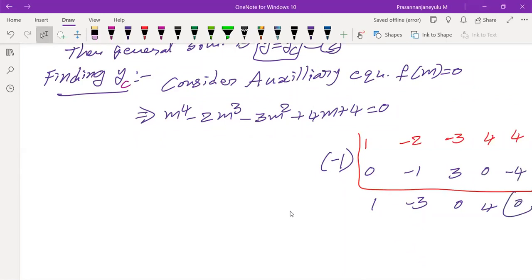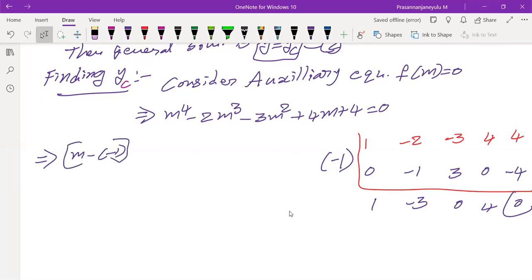So we got the remainder 0. If the remainder is 0, then what can we say? m equals to minus 1 is a root, so m minus of minus 1 is one factor.